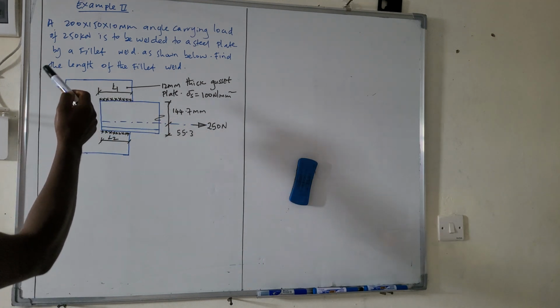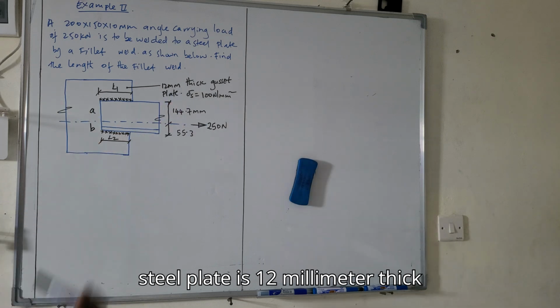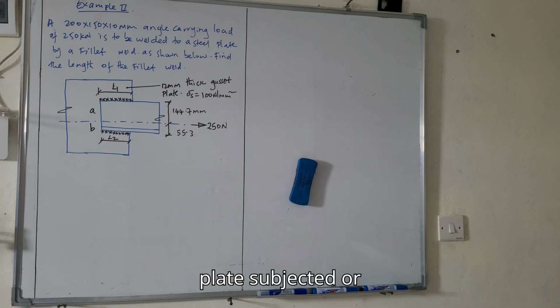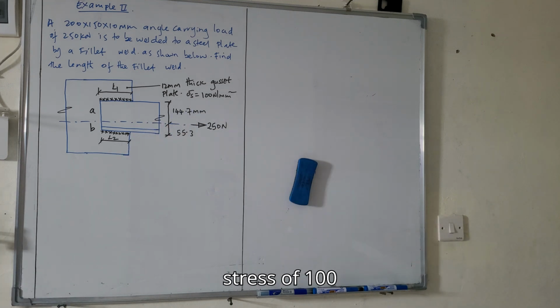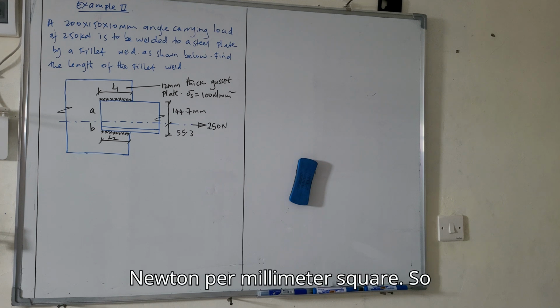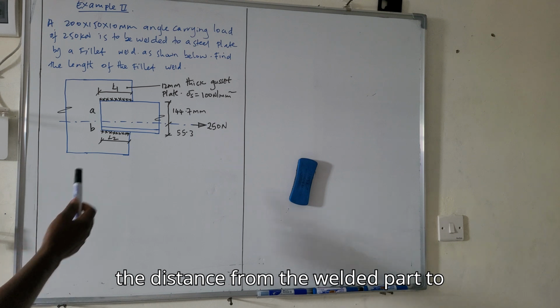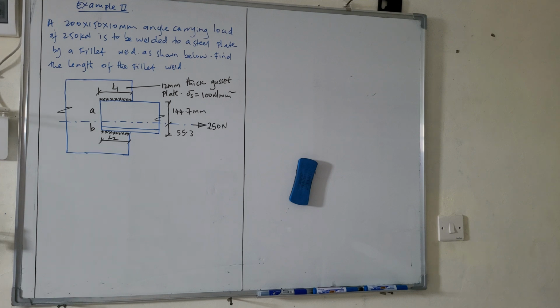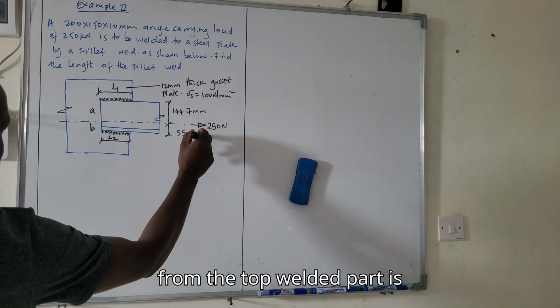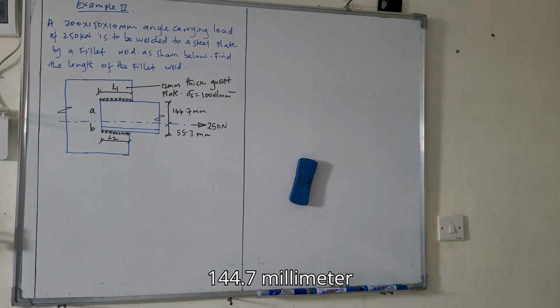And this steel plate is 12 millimeter thick, carrying a permissible stress of 100 Newton per millimeter square. So the distance from the welded part to the neutral axis is 55.3 millimeter. And then from the top welded part is 144.7 millimeter. So let's see how we can solve such a question.